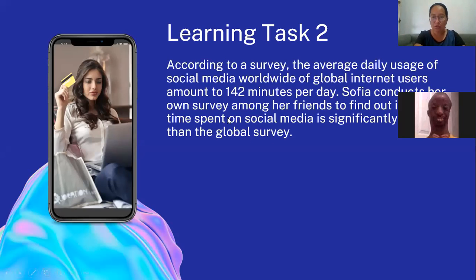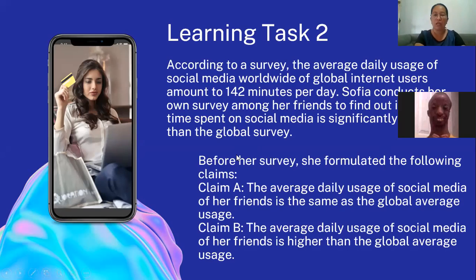Sophia conducts her own survey among her friends to find out if their time spent on social media is significantly higher than the global survey. And before the survey, she formulated the following claims. Claim A, that the average daily usage of social media of her friends is the same as the global average usage. So remember that the global average usage is 142 minutes per day.